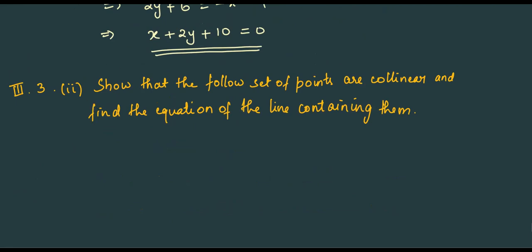So the set of points given are (1, 3), (-2, -6), and (2, 6).